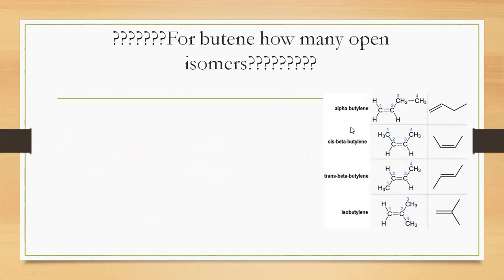But when it says number of structural isomers, cis and trans isomers have the same structure, only their arrangement with respect to space is differing. So if you're asked how many structural isomers are possible for butene, cis and trans should be taken as only one.